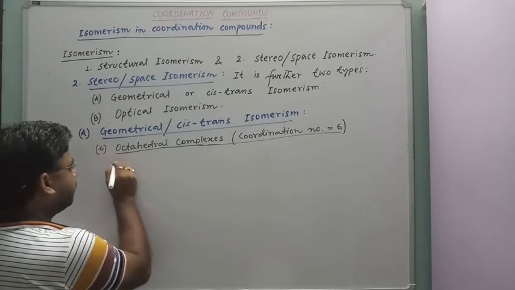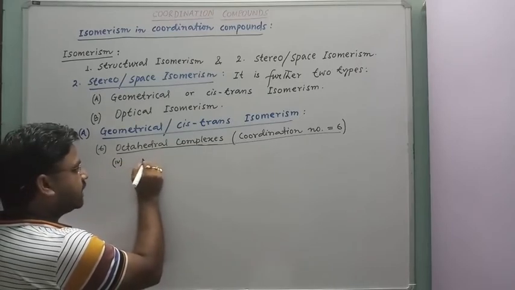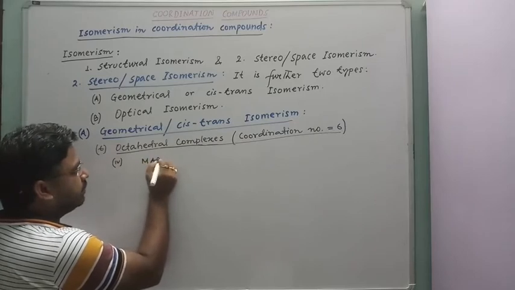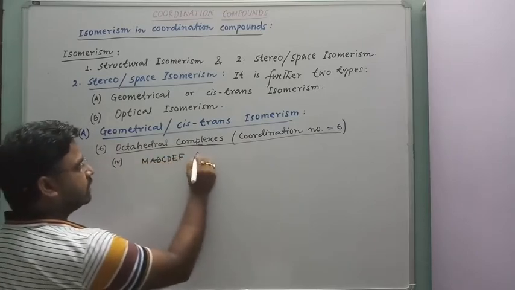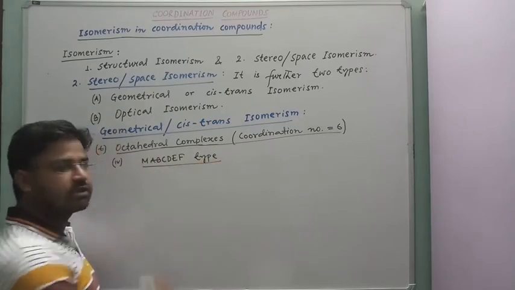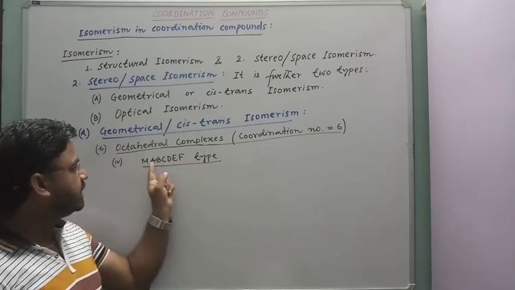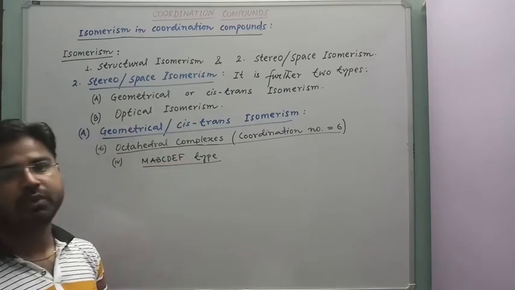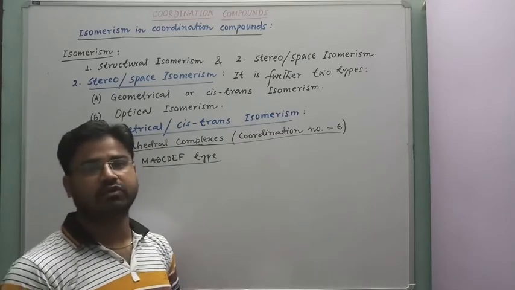Number 4. Octahedral complexes of the type MABCDEF, that means 6 different monodentate ligands, can give 15 different isomers.